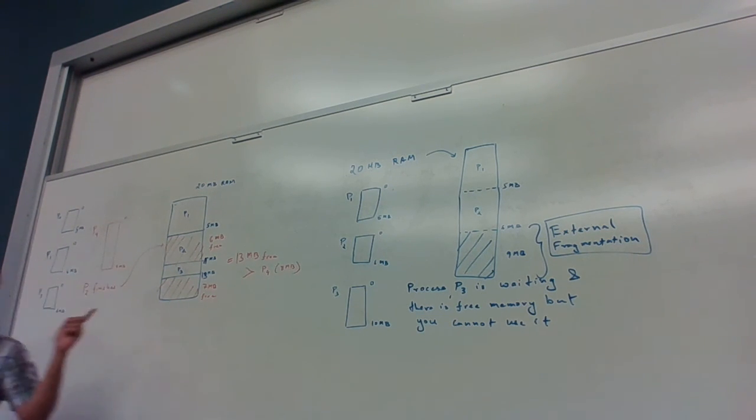Can you execute P4? No. You need to shift, but contiguous memory allocation doesn't allow shifting. So P4 waits, and you cannot execute it even though you have enough memory. That is another form of external fragmentation.